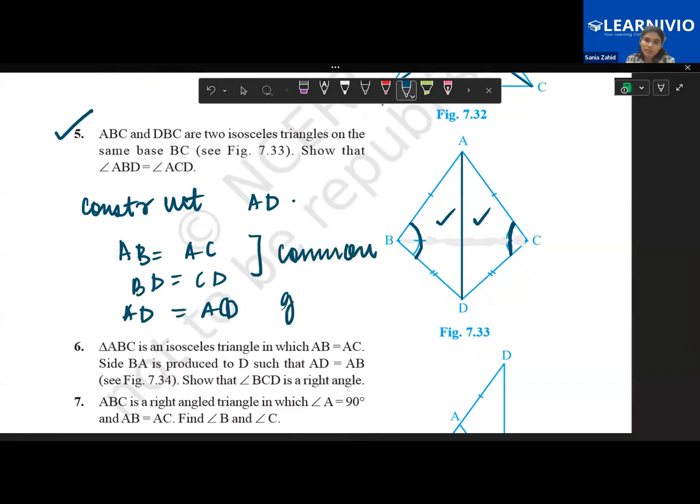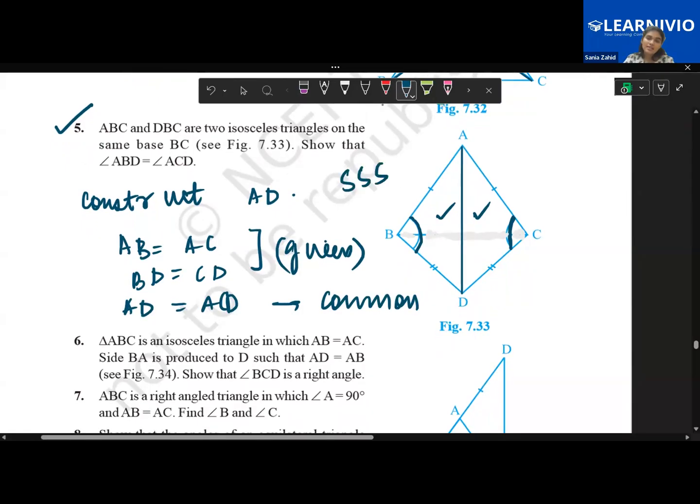This is already given in the question and this is common. So you will have SSS congruency. By SSS congruency, the triangles are congruent to one another and thus this angle is equal to this angle. Right?